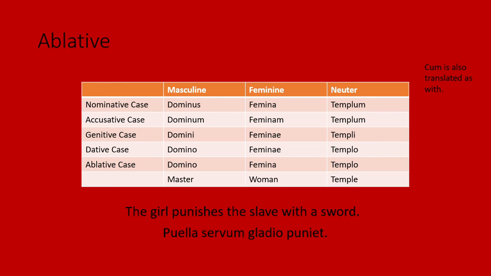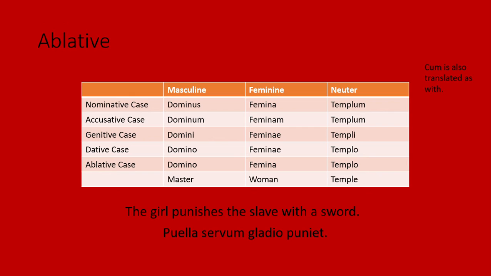The ablative case has a few functions. I wouldn't go as far as to say it has a main function, whereas the other cases I've mentioned so far sometimes have extra functions. I've gone through their main functions to avoid confusion, but the ablative case does a lot of things.